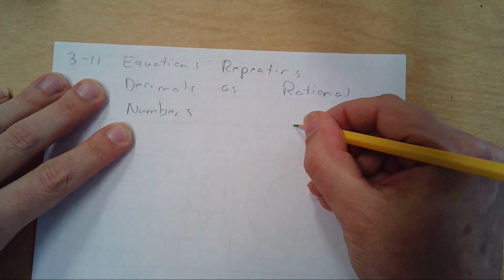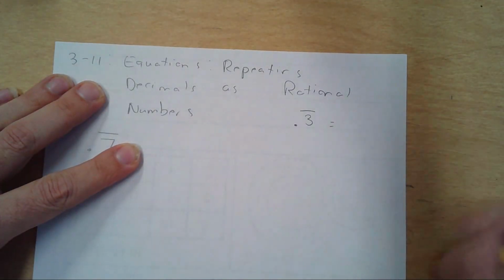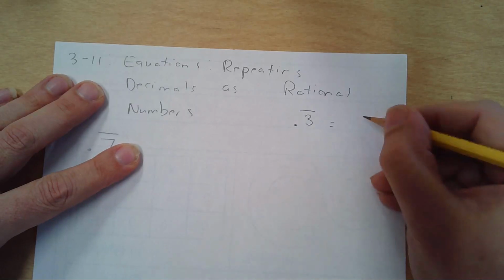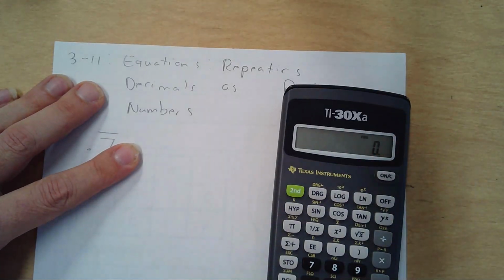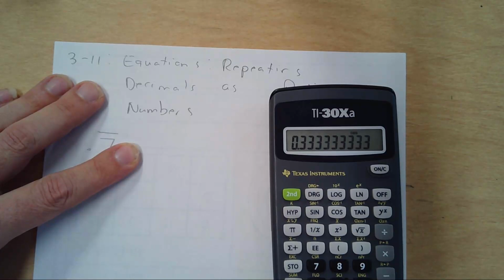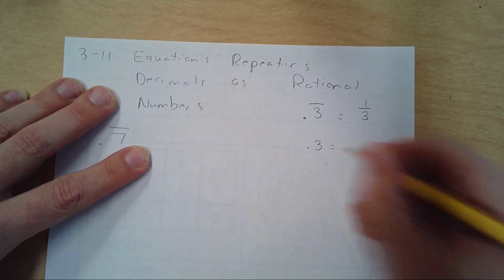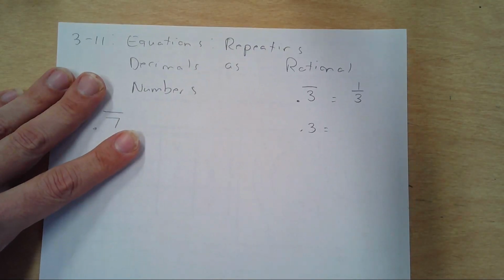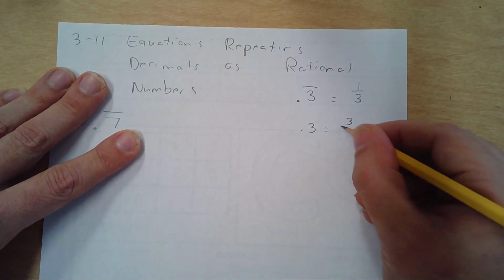For example, we probably know this one right here, 0.3 repeating. What's that? It's 1/3. Right? 1 divided by 3. There it is. It's 1/3. If I wrote 0.3, what's that? That's 3/10.